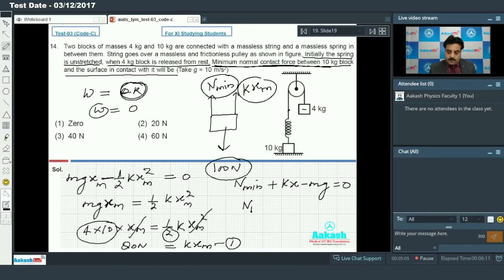So if I want to calculate only the minimum normal contact force, that will give you mg minus kx. As you know, mg is 100 Newton and kx is 80 Newton. So that will give you 20 Newton. So my option number 2 is correct.